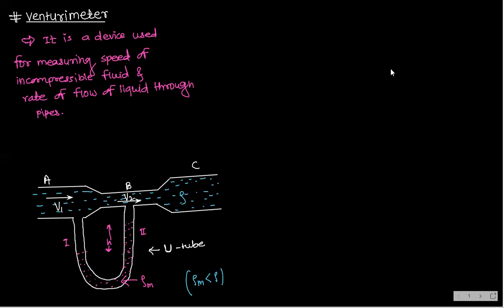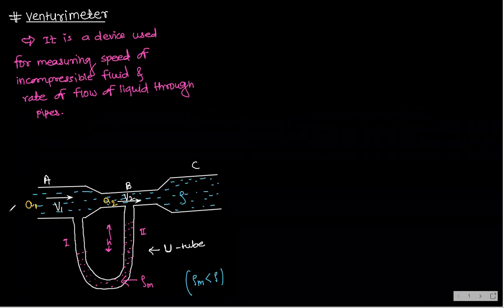Now one more point, let at this point area of cross section is A1 and for this tube area of cross section is A2. And similarly the pressure at A point is P1 and pressure at this B point is P2. Clear?